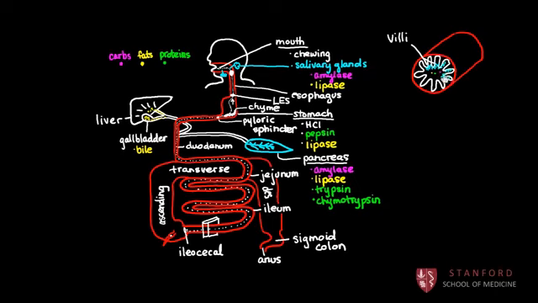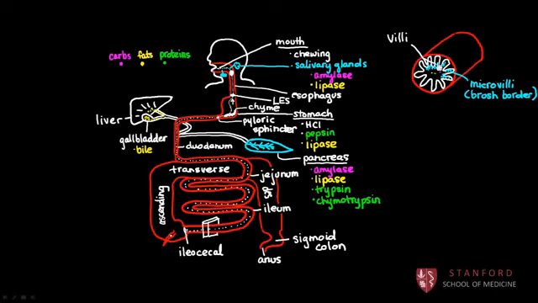These are called microvilli, or smaller villi, and the microvilli make up the brush border. And what that does is it further increases the surface area for absorption in the small intestine.